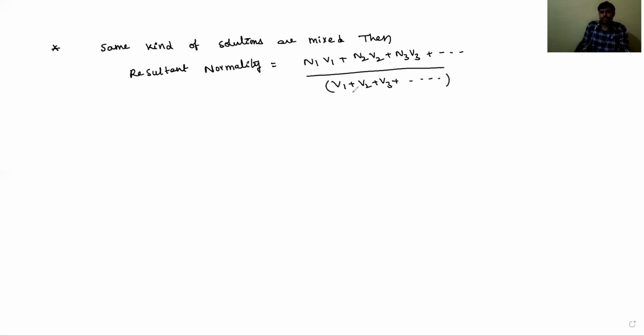The total volume of the solution comes in the denominator. This is the resultant normality formula when the same kind of solutions are mixed.